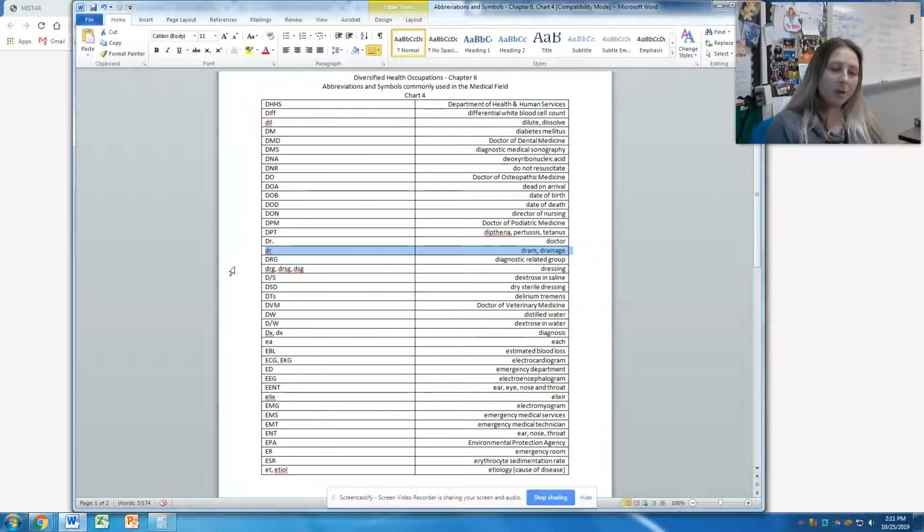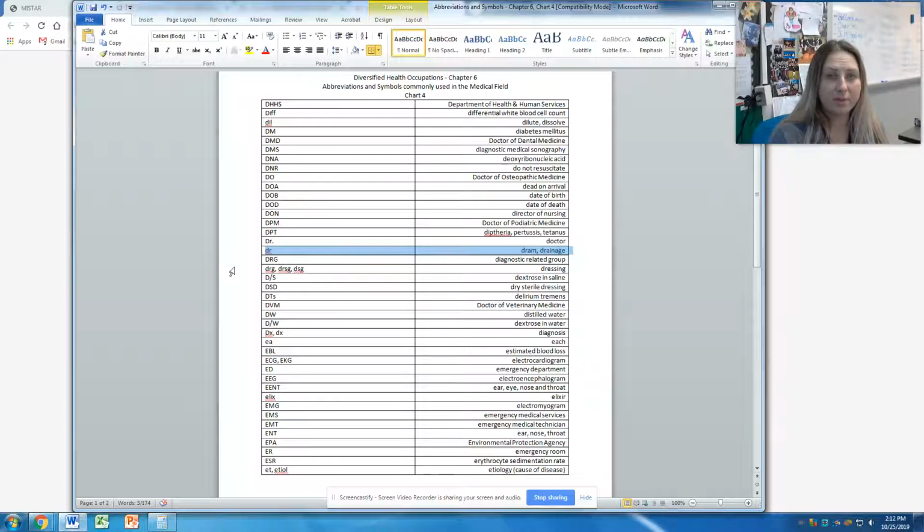Okay, DR, both lowercase. This can mean either dram or drainage. Drainage is where you allow a route of escape for fluid buildup, so like a drainage tube if somebody has an infection or if they've had surgery, and they need to be able to drain or remove the fluid from that area.